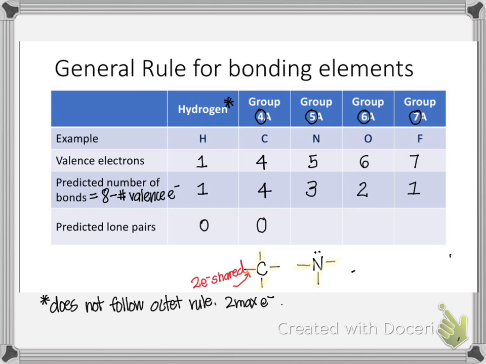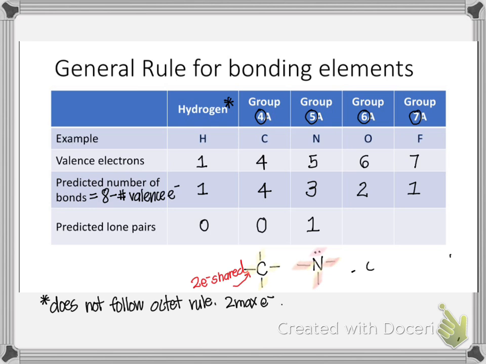So with that lone pair, it has 2, 4, 6 that are shared, and then 1 lone pair, and that gives it 8. So nitrogen with 3 bonds has to have 1 lone pair to have the octet.